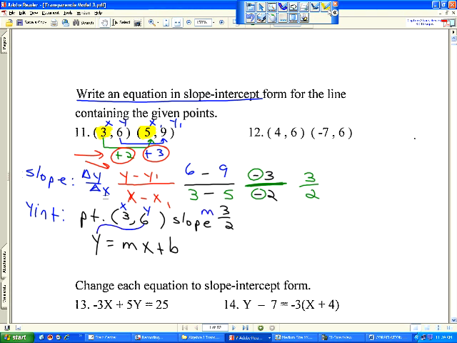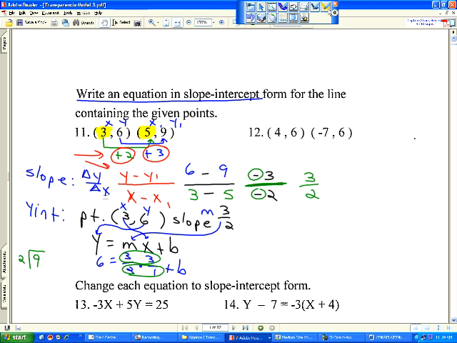So we put the y of the point, 6, in place of y, slope 3 over 2 in place of m, x of the point, 3, in place of x, 3 over 1, plus b. Let's see, we got that so far. And so we're going to cross reduce, but it won't reduce. So we just multiply, we get 9 over 2.